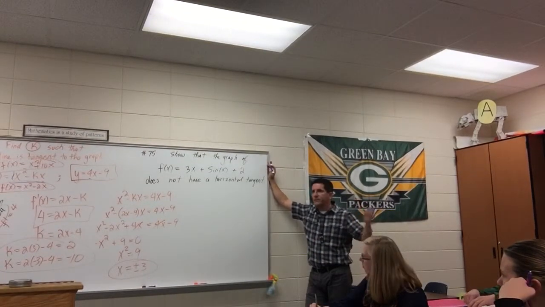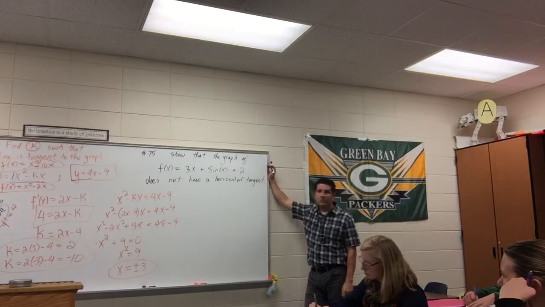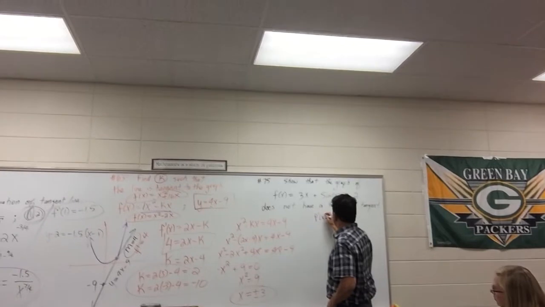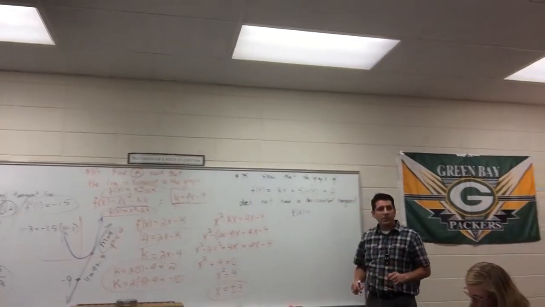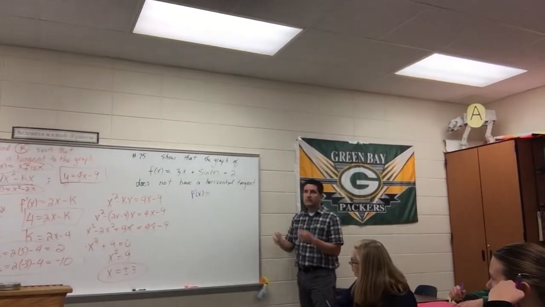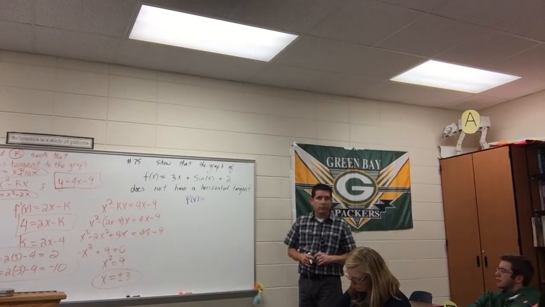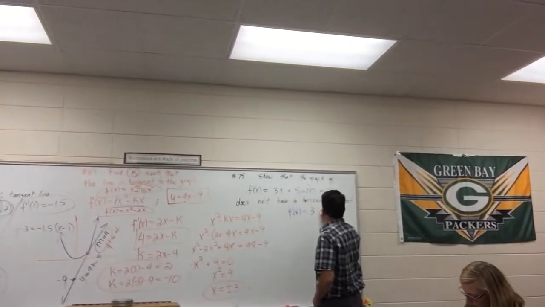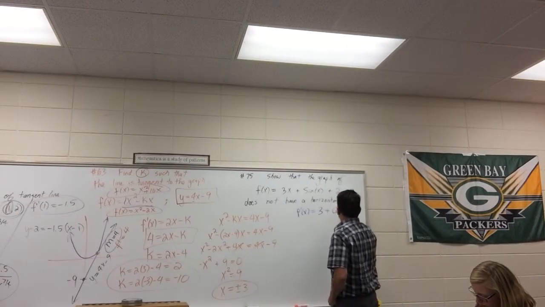The derivative can't equal 0. Exactly. So what we're going to do is find the derivative and set it equal to 0, and see if there are no numbers that make that true. So the derivative of this is 3 plus the cosine of x.